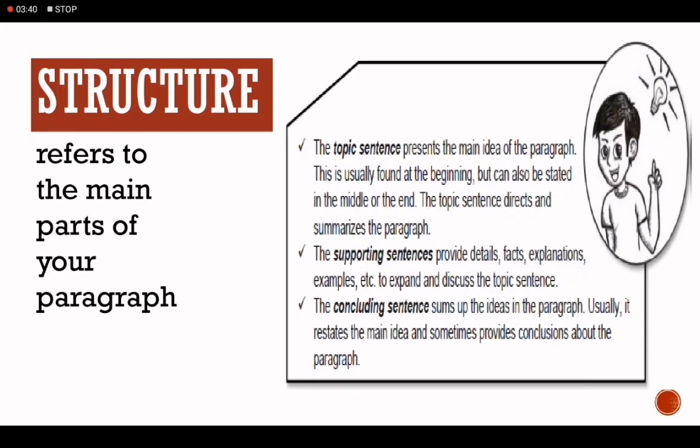Usually, it restates the main idea and sometimes provides conclusions about the paragraph. So once again, when we say paragraph structure, this refers to the main parts of your paragraph. And what are the three main parts of our paragraph? Topic sentence, supporting sentences, and concluding sentence.